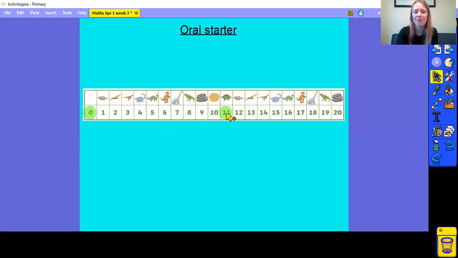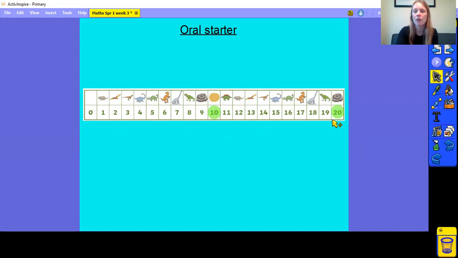Fantastic. Okay, this time, let's start with number 10 and we'll stop at number 20. Ask your grown-up to listen to you counting and make sure that you're saying your teen numbers correctly with the n sound at the end. Off we go. Let's count forwards first. Remember, when we count forwards, it means our numbers are getting bigger. 10, 11, 12, 13, 14, 15, 16, 17, 18, 19, 20.